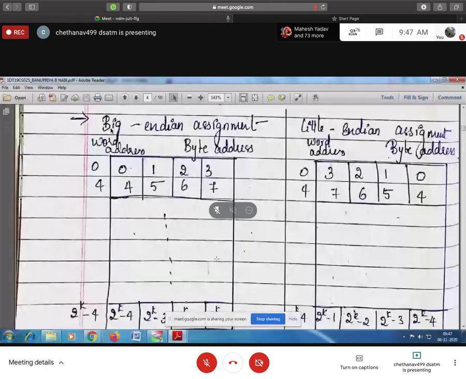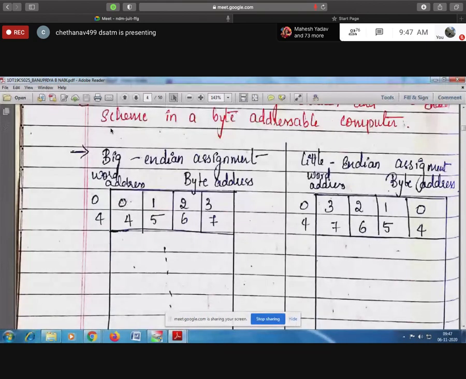This is 0, so 0 will be the location where I am going to store. 0 is your least address, and in that you are going to store the most significant byte data.